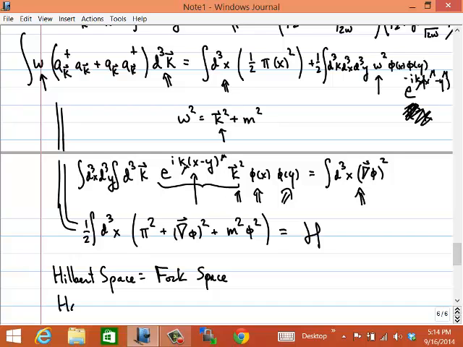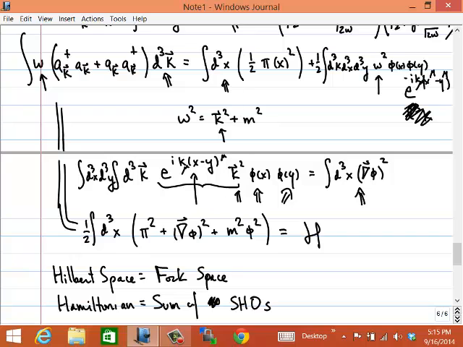And the Hamiltonian is just the sum of the Hamiltonians of an infinite number of simple harmonic oscillators, one for each momentum mode. So this is exactly the conclusion that we arrived at last week when we did a more direct approach to the quantization of a multi-particle system.